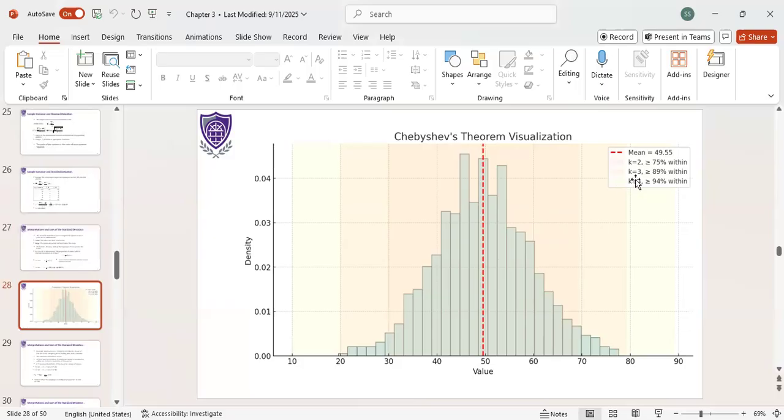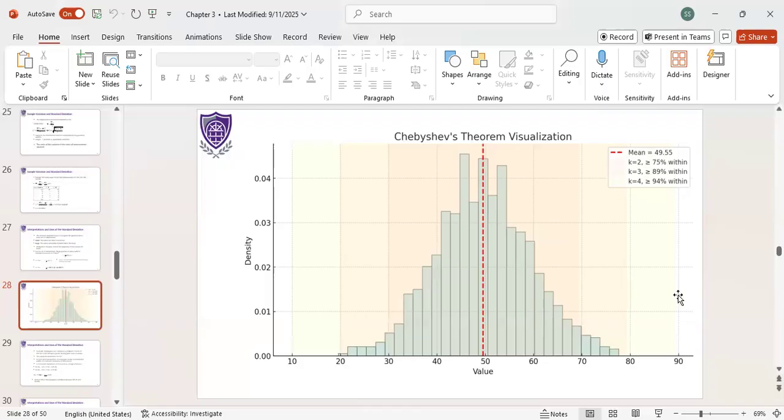And then if k equal to 3 it is almost 89%. So we say at least 89% of the data you see in a little bit lighter shade than the 2 standard deviations. So they are within 3 standard deviations below and 3 standard deviations above the mean.